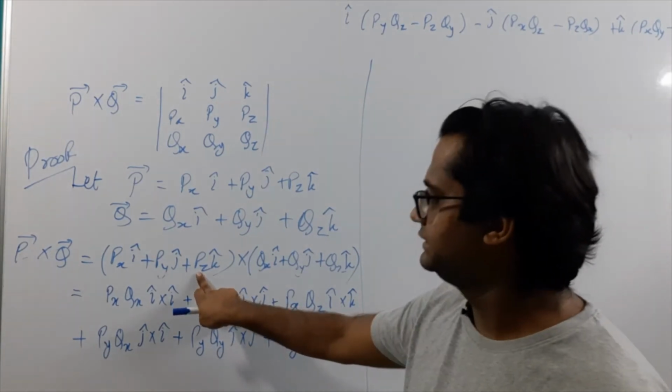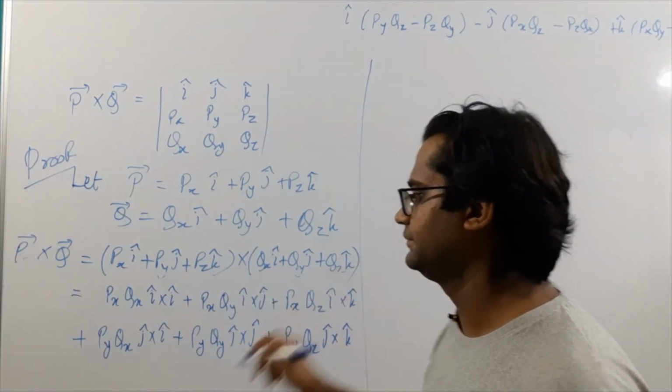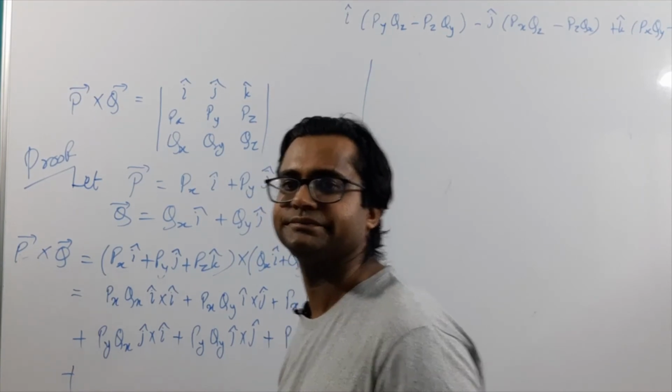Now we'll multiply the third term, pz, by each of the terms.